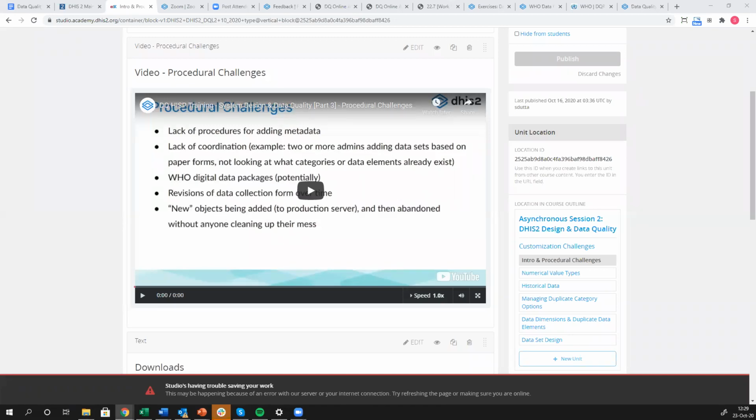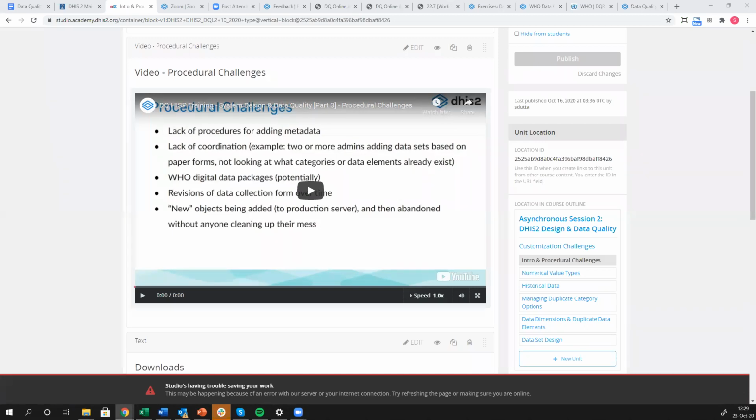Lisa was saying that she was not so much referring to duplicates within different programs, but rather collecting the same form data with multiple disaggregations. Right, so having multiple different disaggregations for the same data element.